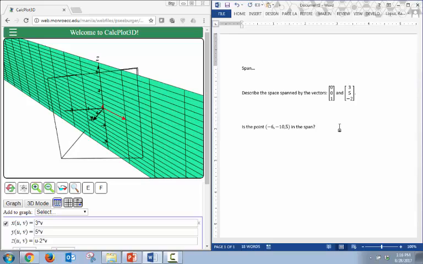And then I'm going to go -2 times this vector. So this is the positive direction of that vector. I'm going to go -1, -2. So I'm going to be at this point right here.